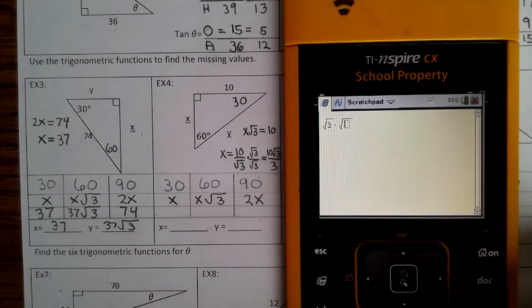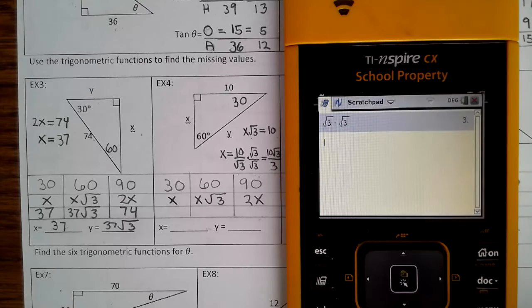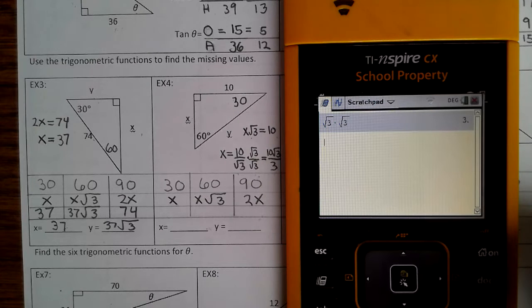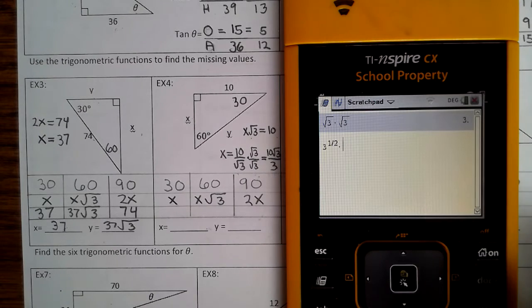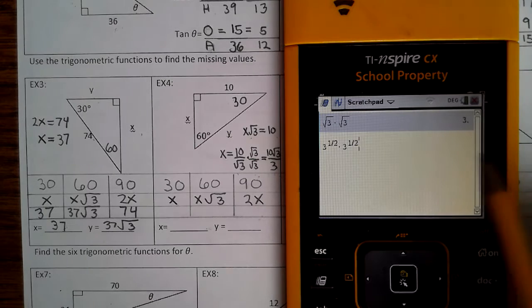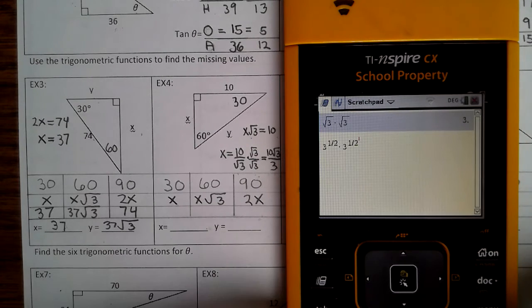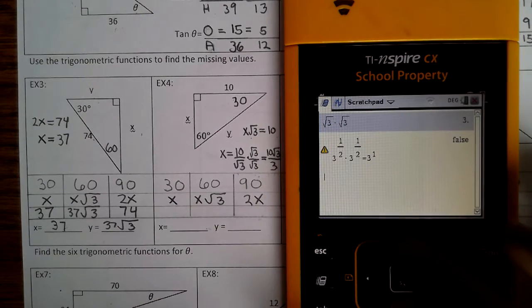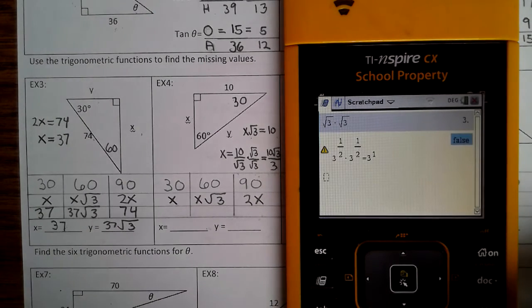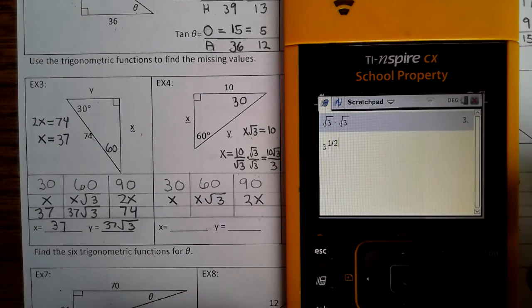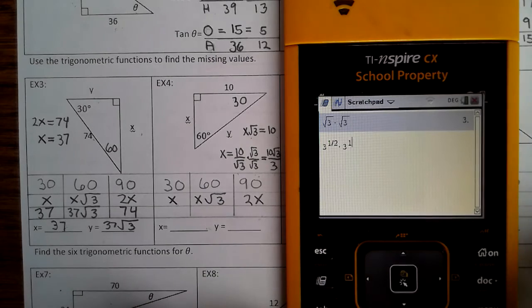And the reason is the square root of 3 is 3 to the 1 divided by 2, times 3 to the 1 divided by 2, and 1/2 plus 1/2 is 1, so that equals 3 to the 1 power. Now it says false, and so you have to be careful with that, but if we did 3 to the 1 divided by 2 times 3 to the 1 divided by 2, it says 3, and 3 to the 1 is 3.